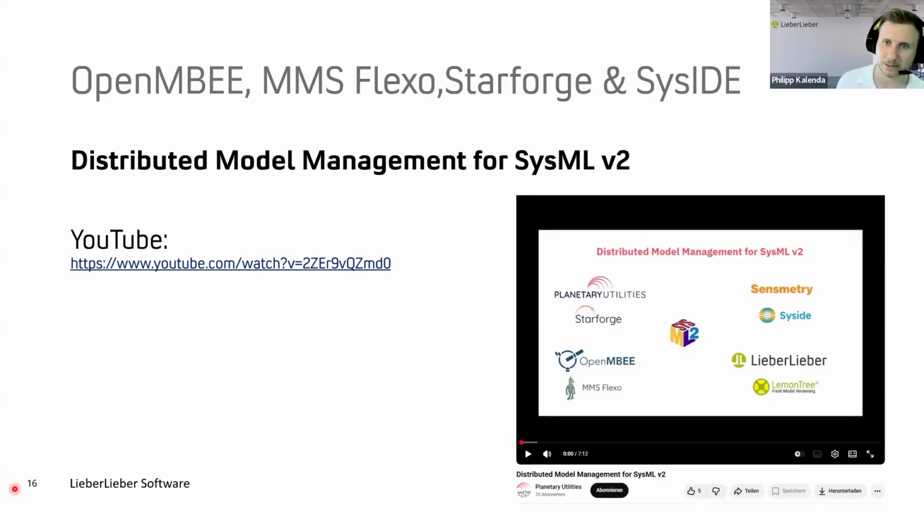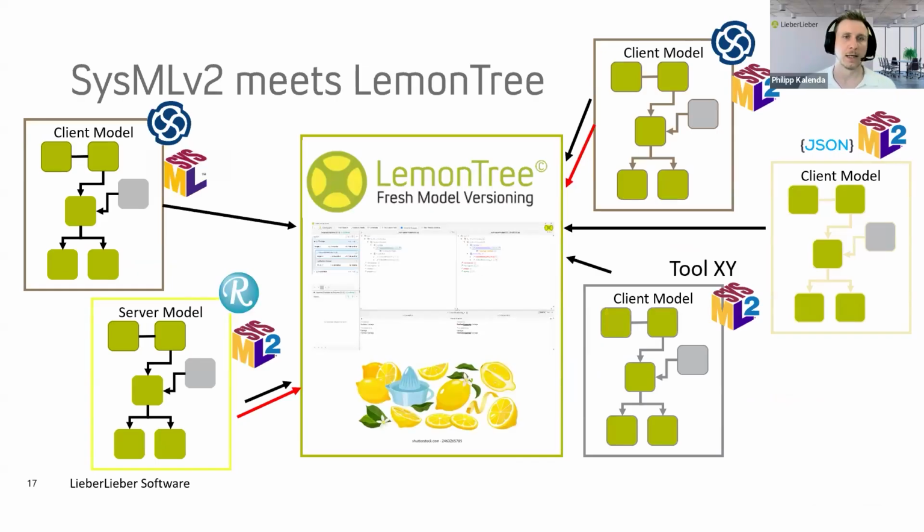And there is more to come in this distributed model management using OpenMBEE and Flexo. And overall, the goal here is to support multiple tools which are talking in a SysML v2 language. So I mentioned already the Jupyter Notebook. I mentioned OpenMBEE and Flexo, Starforge, Seaside. Basically any tool supporting JSON. You can also see here Enterprise Architect.